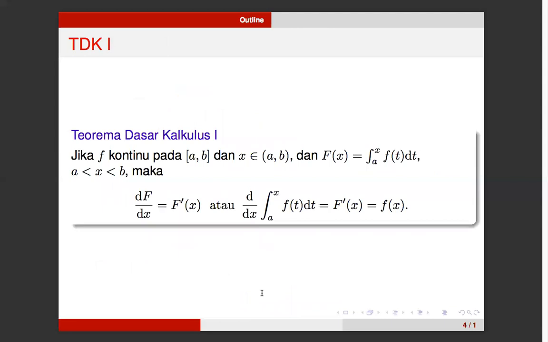If f is a continuous function on interval [a,b], and for every x in [a,b] we have the big F(x) as the integral from a until x of f(t) dt, then the derivative of F is the function f(x). Or we can say that the derivative of the integral of a function is the function itself.